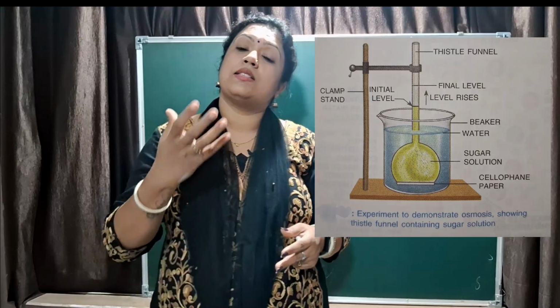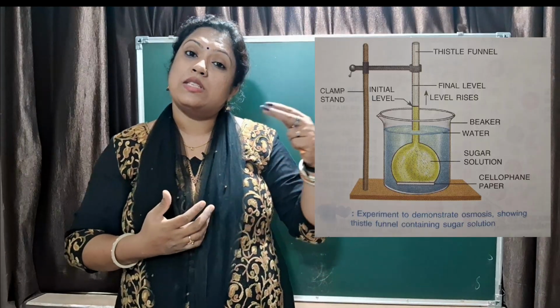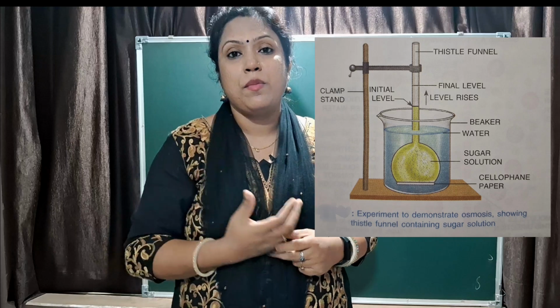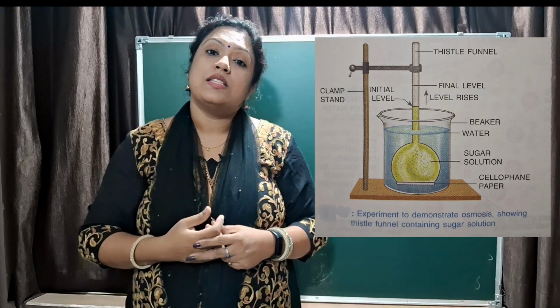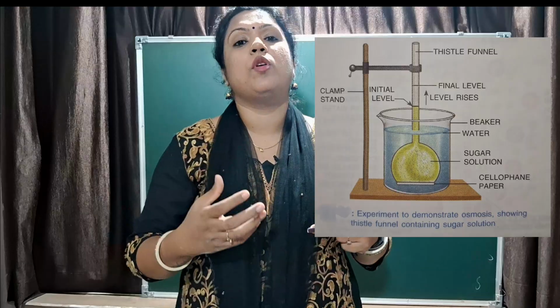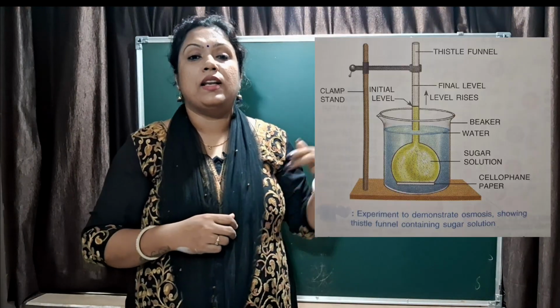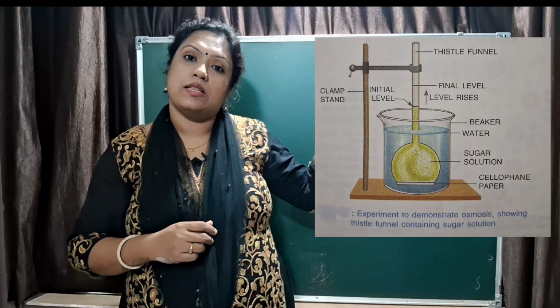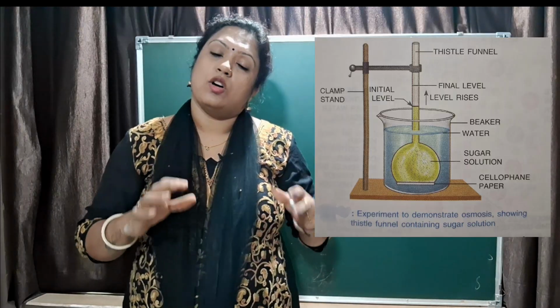Since there is a highly concentrated sugar solution in the thistle funnel, which is separated from water by a thin membrane of cellophane paper, which acts as a semi-permeable membrane, the water molecules start moving into the thistle funnel and the level of water goes on increasing. Understood? This experiment demonstrates osmosis.